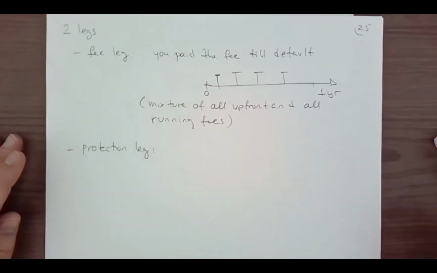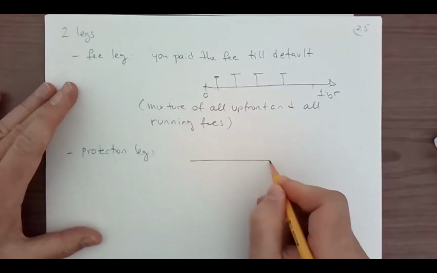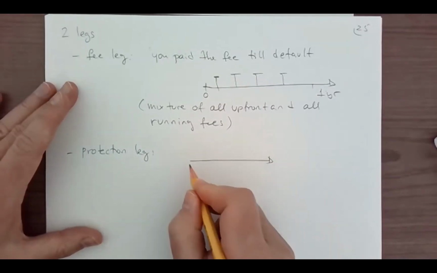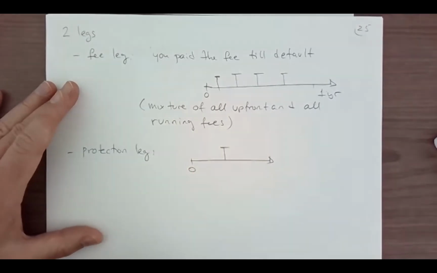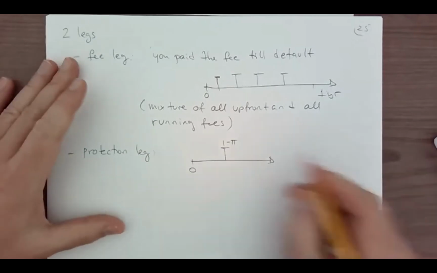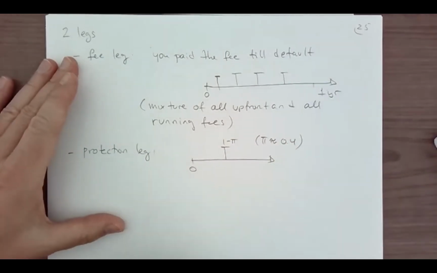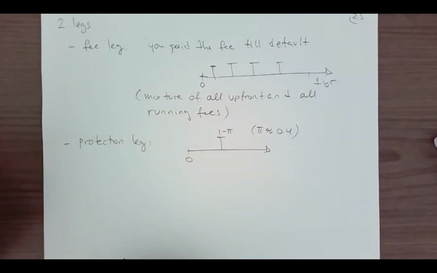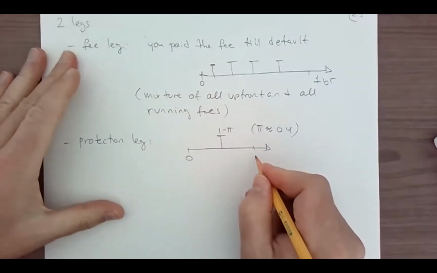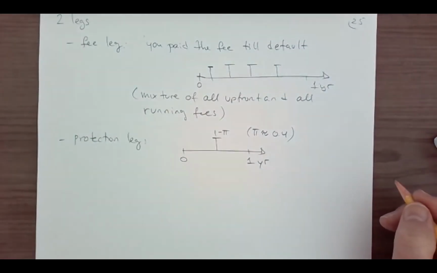And the protection leg just pays out if there is a default sometime in this period, right? It'll pay out 1 minus pi. Pi is typically somewhere around 0.4. That's become the industry standard. So 40% on the dollar.